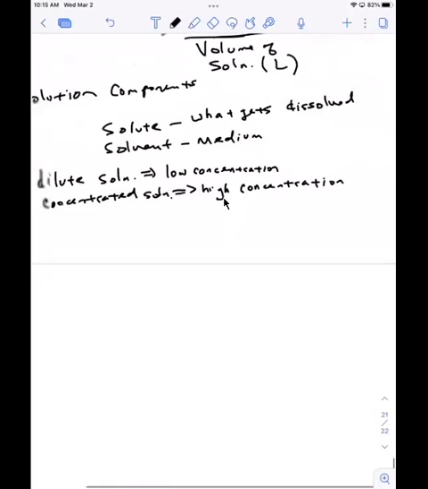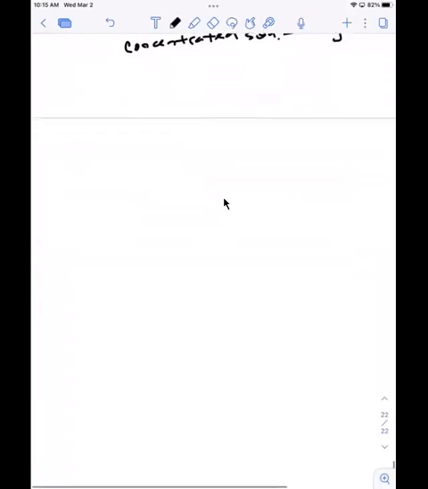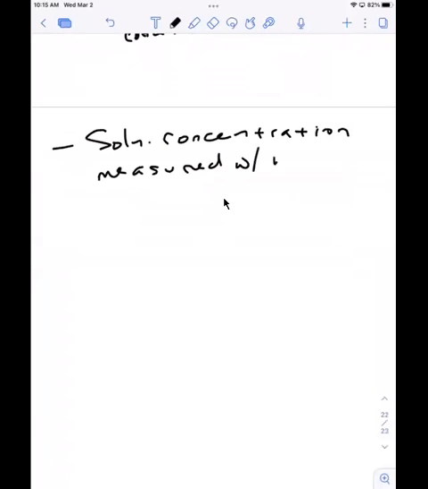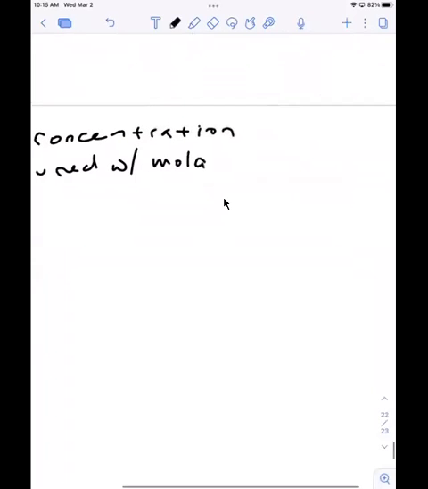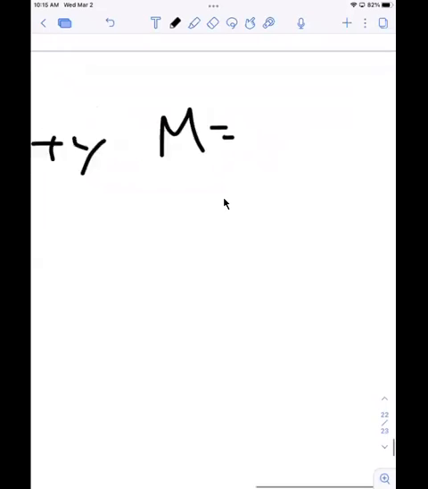So again, we measure the concentration of a solution with molarity. And you'll see that represented as big M or uppercase M. And again, that is moles of solute per liters of solvent, or I'm sorry, per liters of solution.